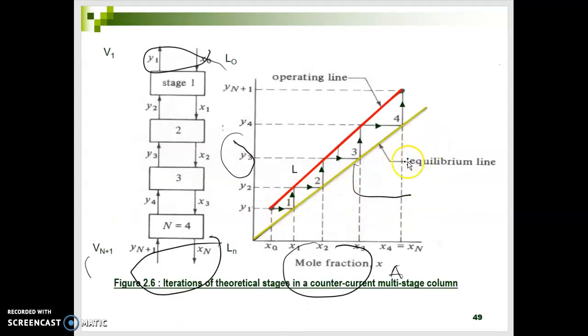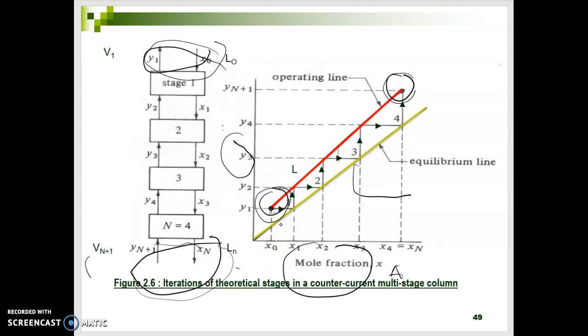For your operating line, we need to have the compositions for both of these data. The coordinate of the bottom can be obtained from the top compositions, and the coordinate of the top can be obtained from the bottom composition here.